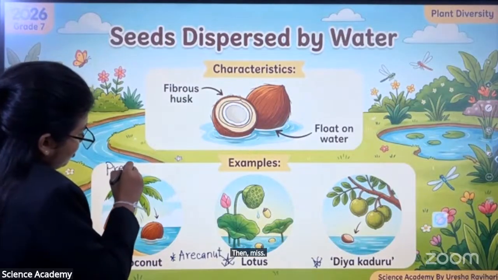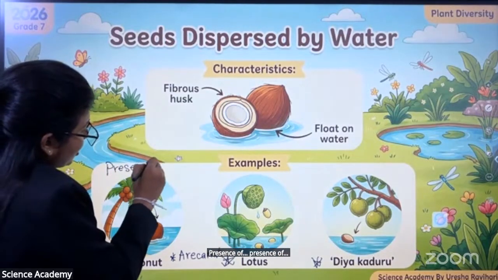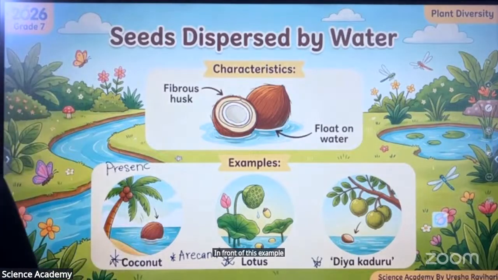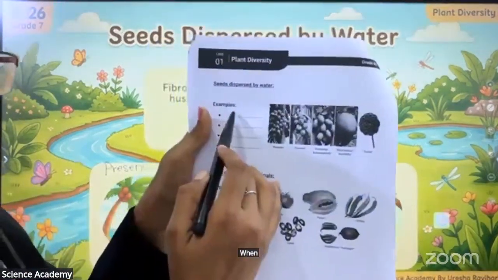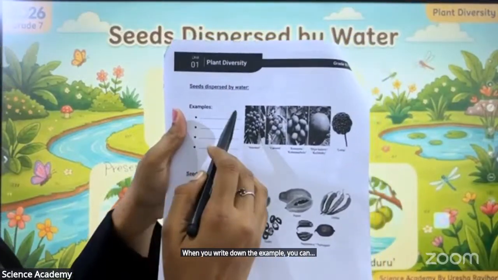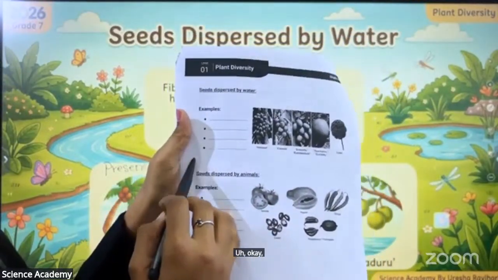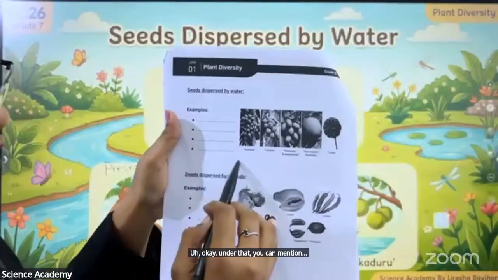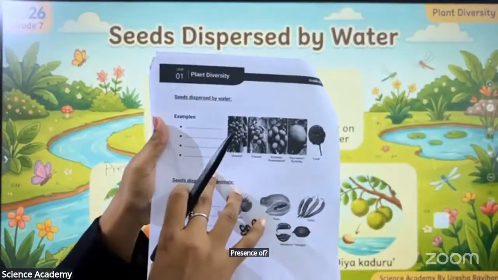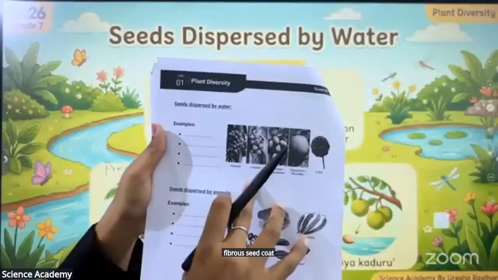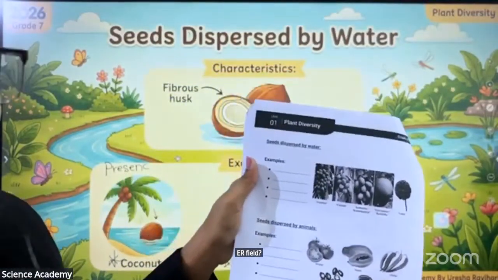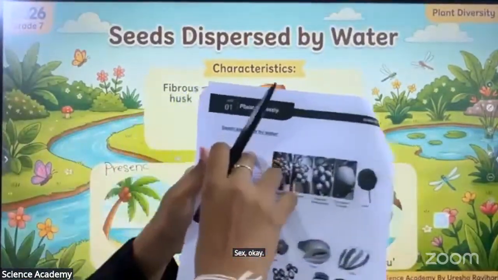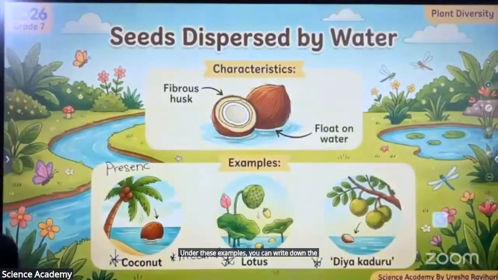When you write down the example, under that you can mention presence of fibrous seed coat, and then you can write air-filled sacs. Under these examples, you can write down the adaptations.